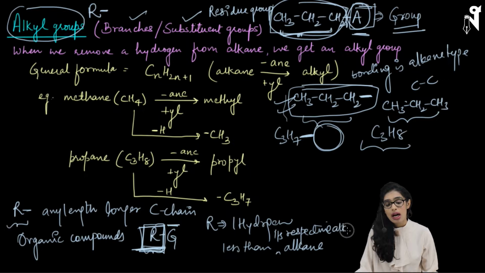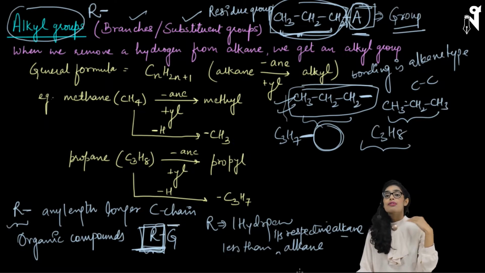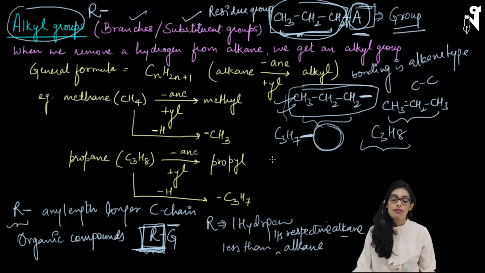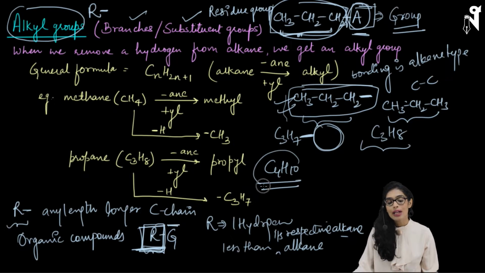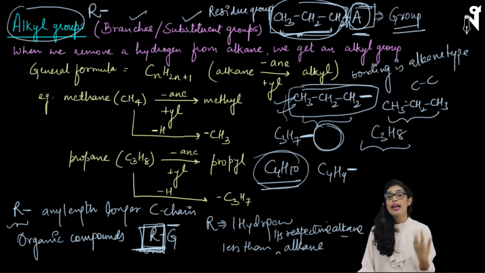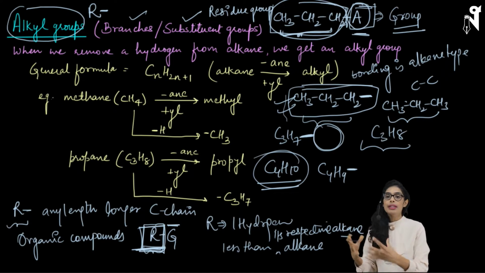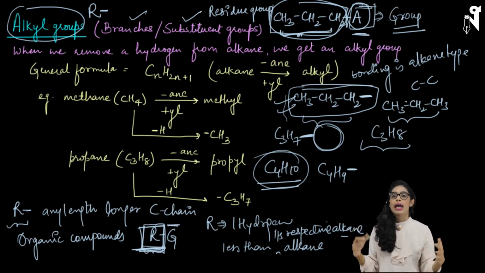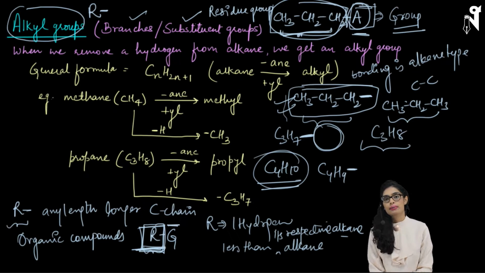That means if this R is made up of 4 carbons, the 4-carbon alkane chain will have C4H10 as its molecular formula, but the alkyl group of it will be C4H9, with one valency which will be attached to some sort of group. That group can be made up of carbon, chlorine, bromine, iodine, but not hydrogen.